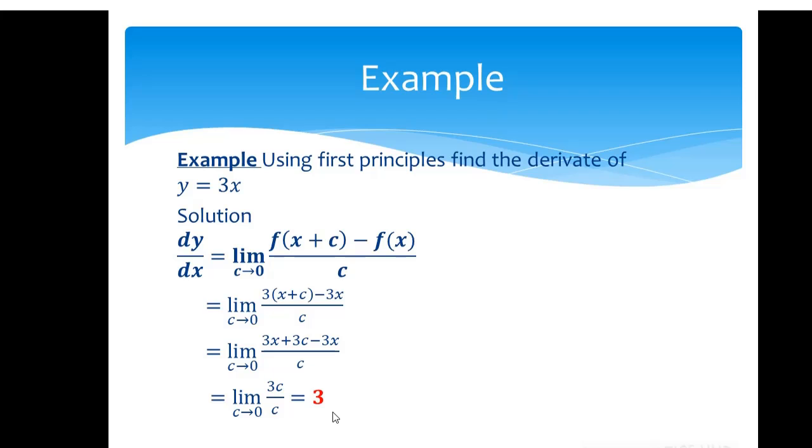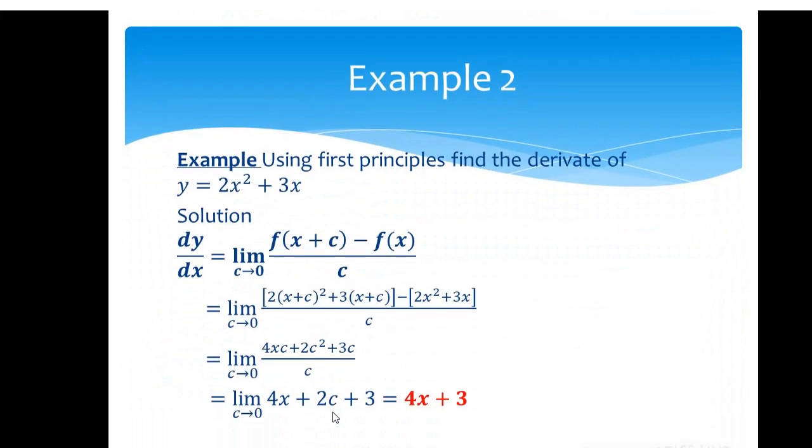We will move on to the second example. The second example is saying, using the first principles, find the derivative of y equals 2x squared plus 3x. Again, we are going to use our formula dy/dx equals the limit as c goes to 0 of f(x plus c) minus f(x) over c.